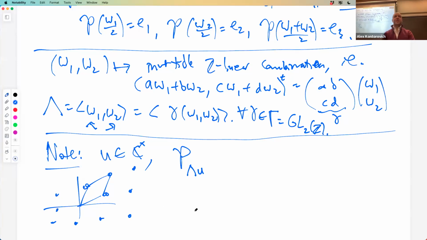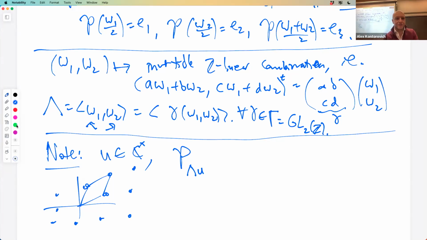Okay, this is horribly drawn, but you get the point. I multiply them all by U. So U has some argument, some angle, and some absolute value. So I take the whole lattice, I rotate it a little bit, and I stretch it a little bit. So I get a new lattice.